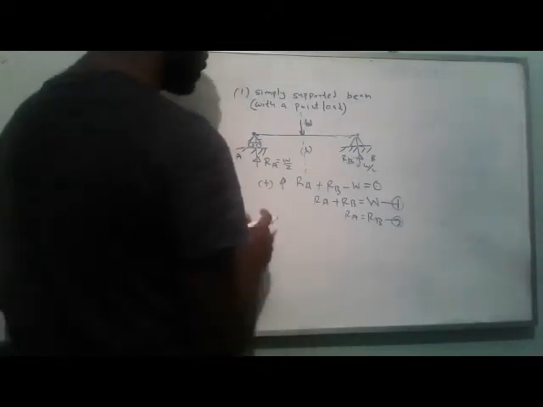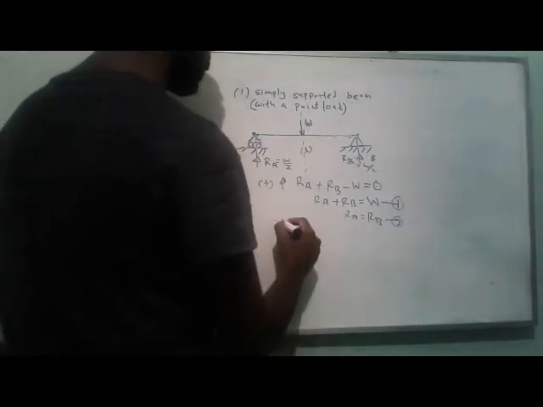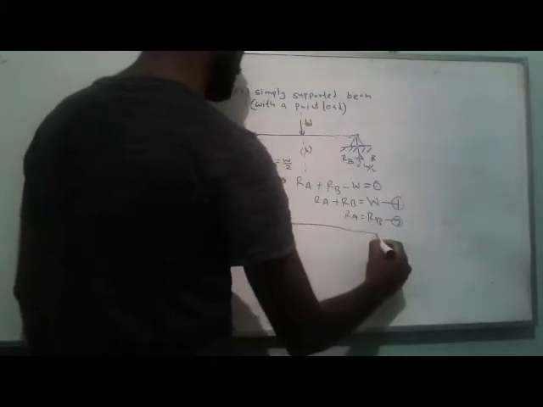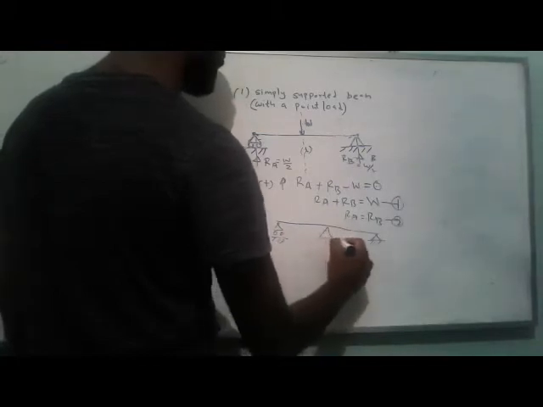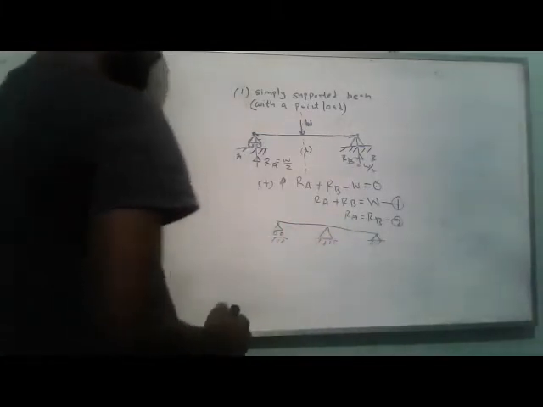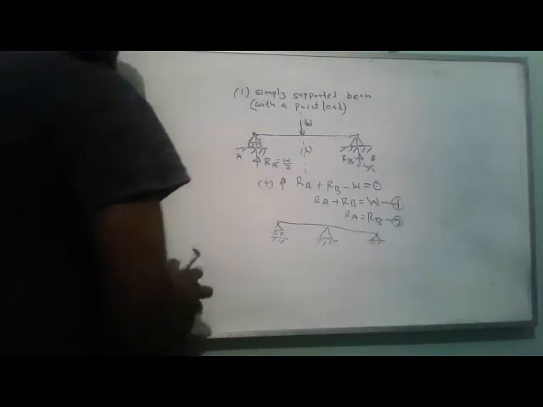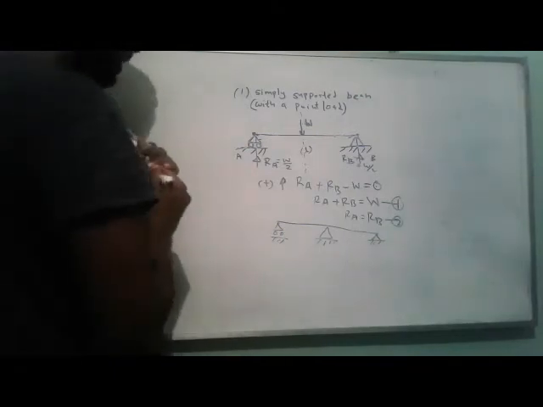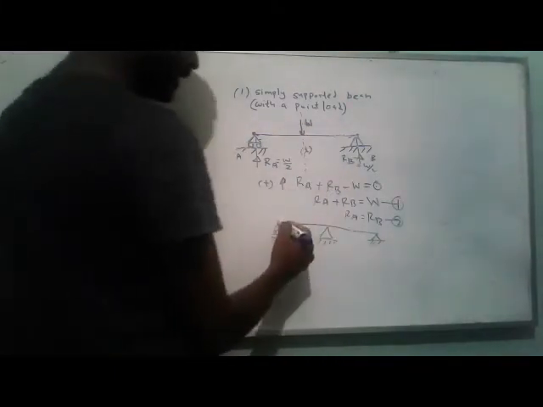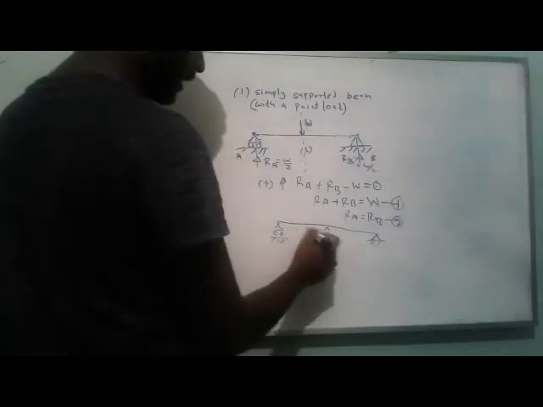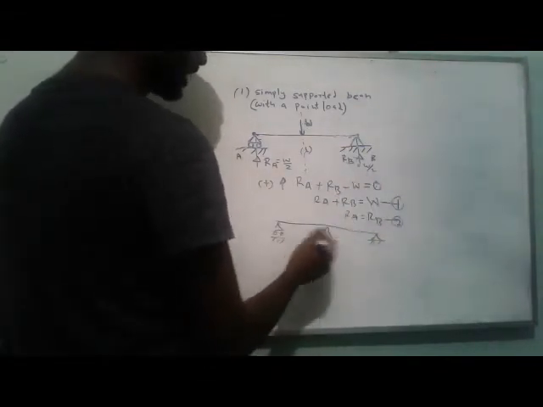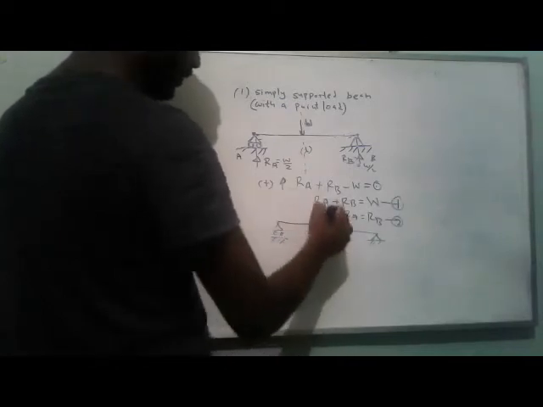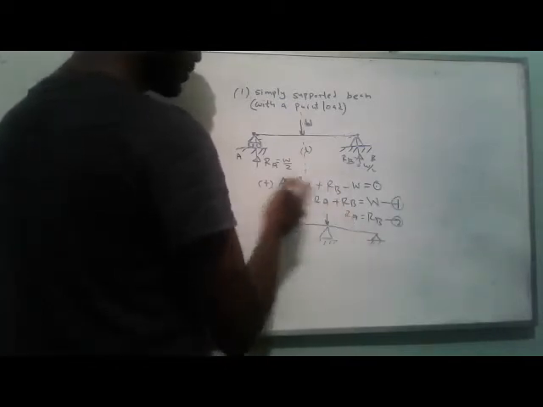Then I want to tell you another thing. Let's think that this is a simply supported beam we considered, and there is another pin support here. In that case as well, the movements are zero and there are no horizontal forces due to this vertical load.